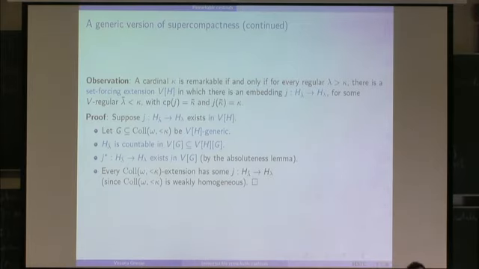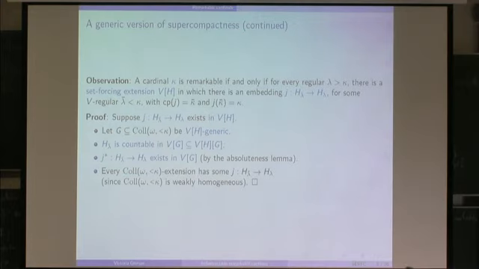So suppose I have an embedding in V of H. Let's force with collapse over V of H. So I've now formed V of H G, and of course V is a submodel. And H lambda bar is countable in V of G, and now you just apply the lemma and you get that V of G must have a J star. But V of G is a collapse extension.